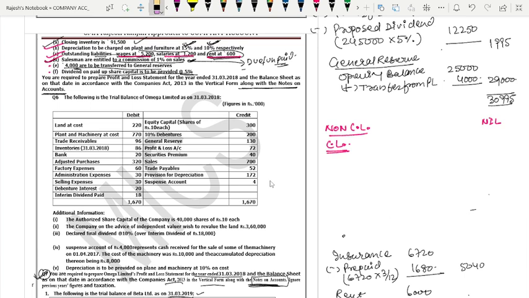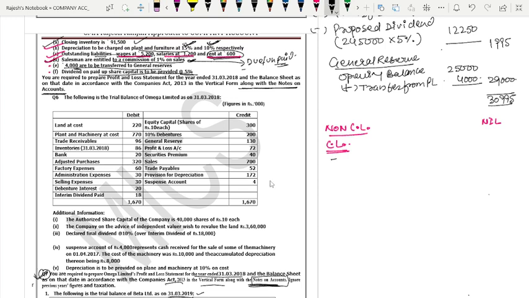Account payable will come under trade payable. Trade payable, account payable. Okay, after this short term liabilities.